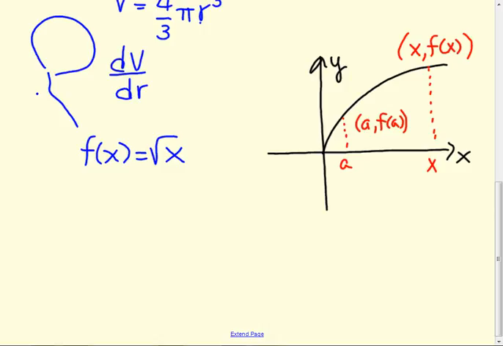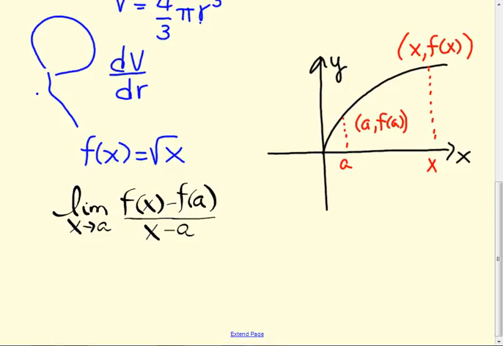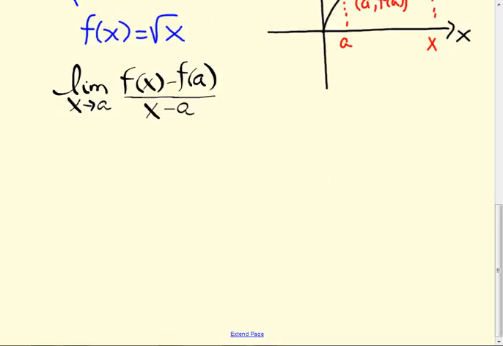Okay, so I want the limit as x approaches a, and I want f of x minus f of a all over x minus a. There's the formula. And you may see that on the exam, and they're not expecting you to take the limit. They're expecting you to recognize it's a derivative.